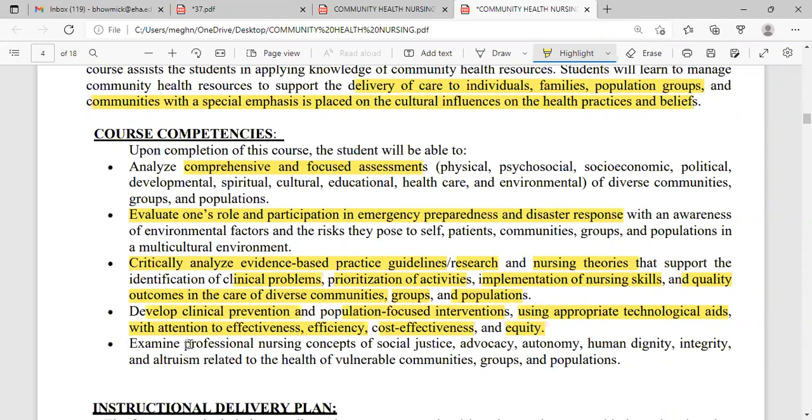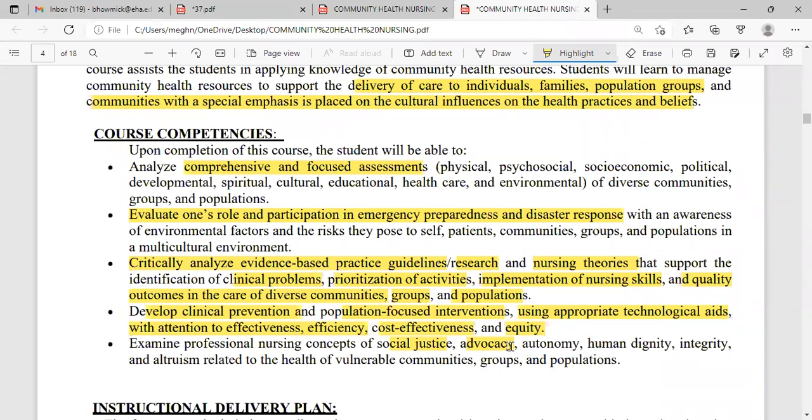So examine the professional nursing concept of social judgment, advocacy, my friend. You are a nurse. In some situation like this, a patient who is only 14 years old and she's pregnant. She does not want to share this with the parents, and you need advocacy for them.